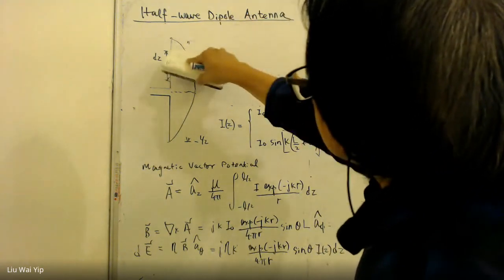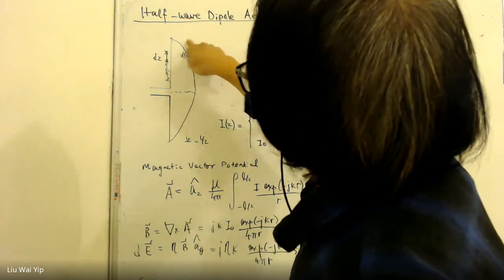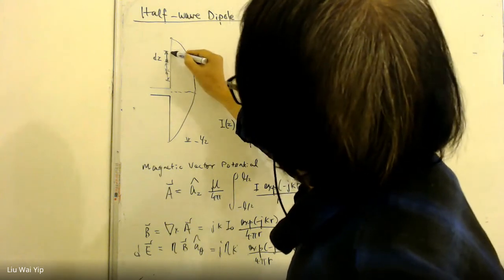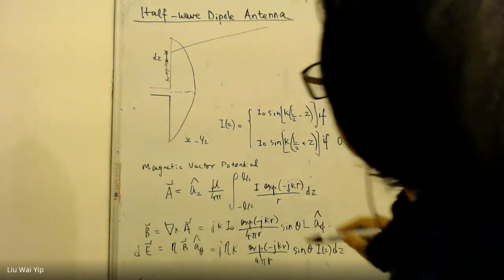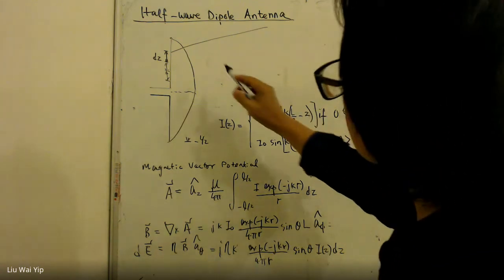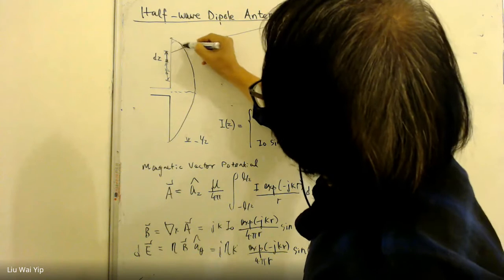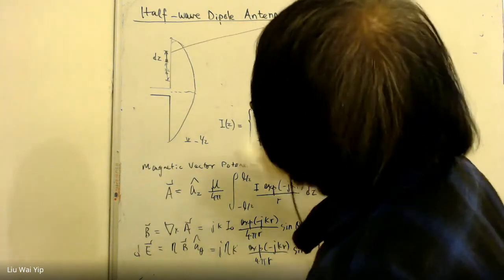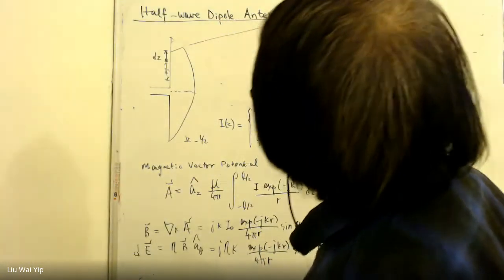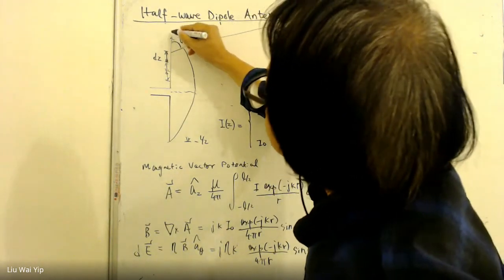Suppose the little segment here has a ray of radiation field, and the angle here is theta.